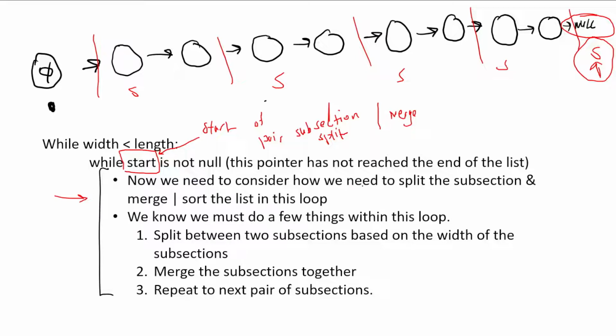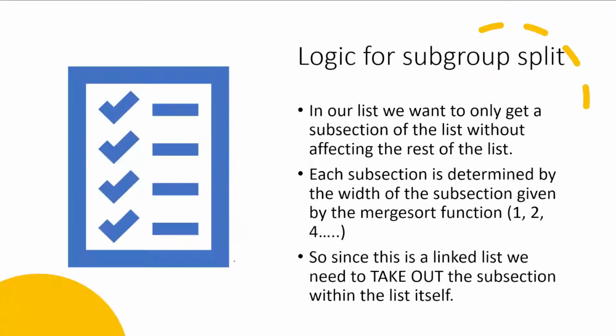Now we need to consider how we will split the subsections, and merge and sort the list in this loop. We know that we have to do a few things within this specific loop. We're going to split between 2 subsections based on the width of the subsections. We're going to merge those subsections together, and then we want to be able to repeat to the next pair of subsections in the list.